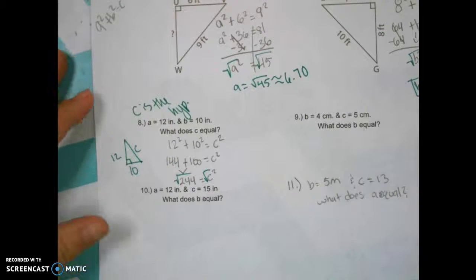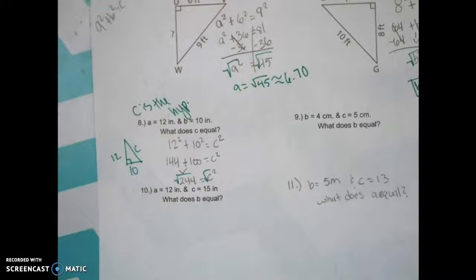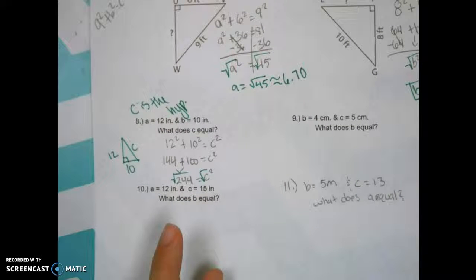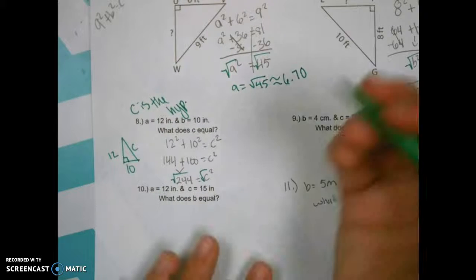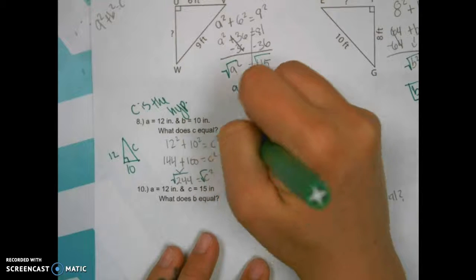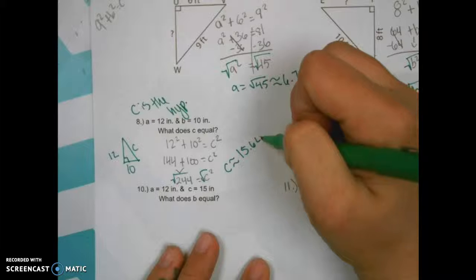This is not a perfect square, as you can tell, especially if you know what 15 squared is, which is 225, and then 16 squared would be, let's see, 256, so it's between those two. So c will be approximately 15.62 inches.